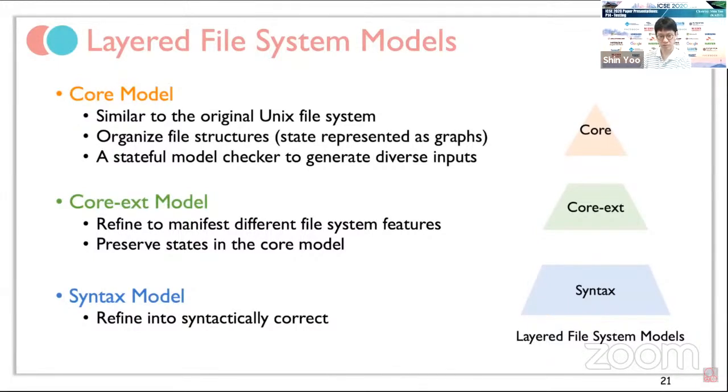Second, we have a core extension model, which refines these inputs to manifest other file system features like journaling, caching, and still it preserves states in the core model. At last, we have a syntax model. It just refines the inputs into syntactically correct ones.